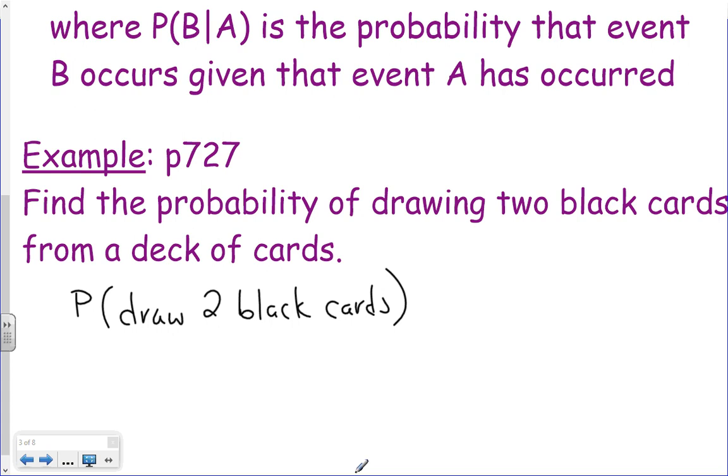Right, so first of all, that means we're talking about the probability of drawing one black card and drawing a second black card. So the key word there is and. So we're talking about an intersection of events.